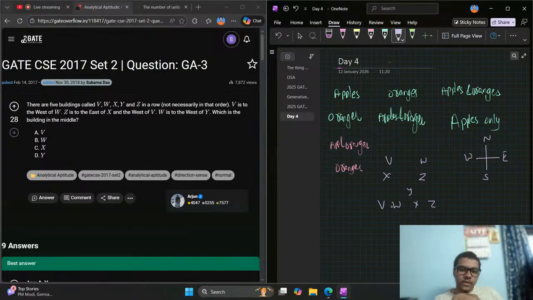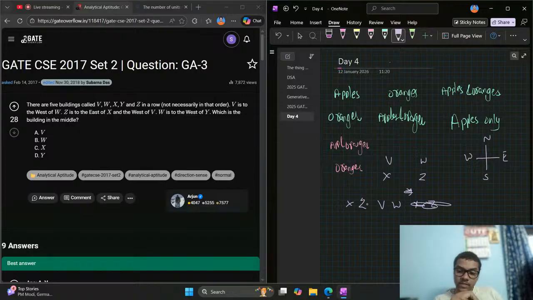V is to be west of W. Z is to be east of X. Z is to be west of V. Okay.